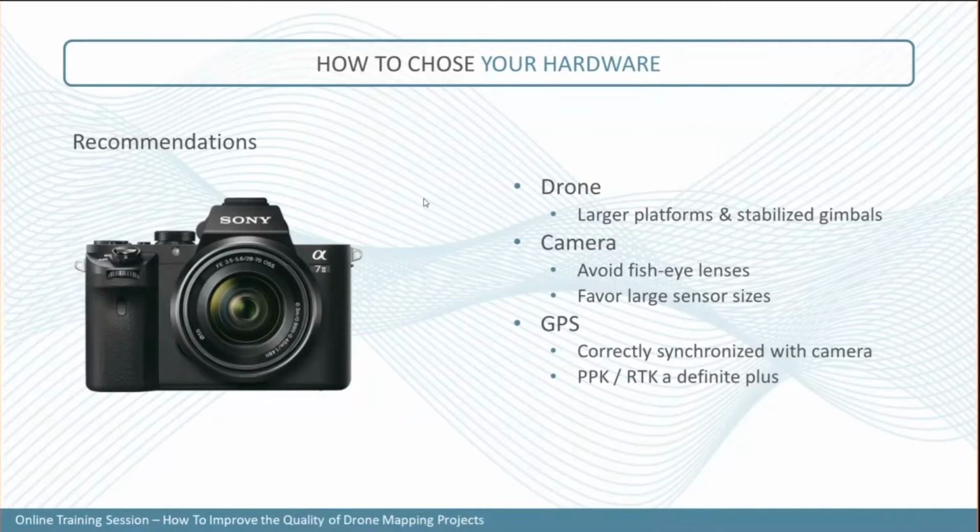Other elements are GPS information. If you're targeting a really high accuracy project, you may want to use RTK or PPK correction for the drone. Otherwise, you can also use some ground control points if you want better overall accuracy for your project.